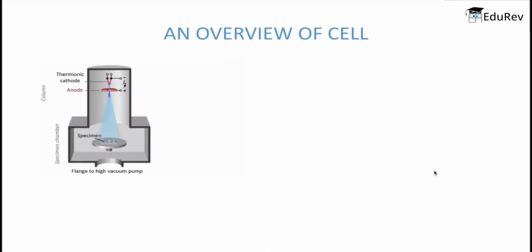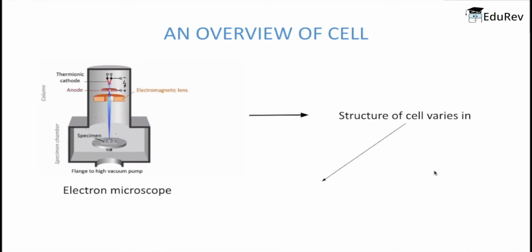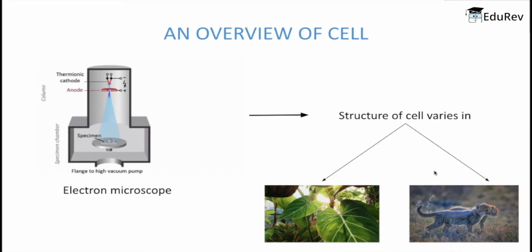Cell research received a further boost after the invention of the electron microscope. With the help of the electron microscope, scientists were able to observe the structure of the cell. And after observing it, they found out that the structure of the cell varies in plants and animals.